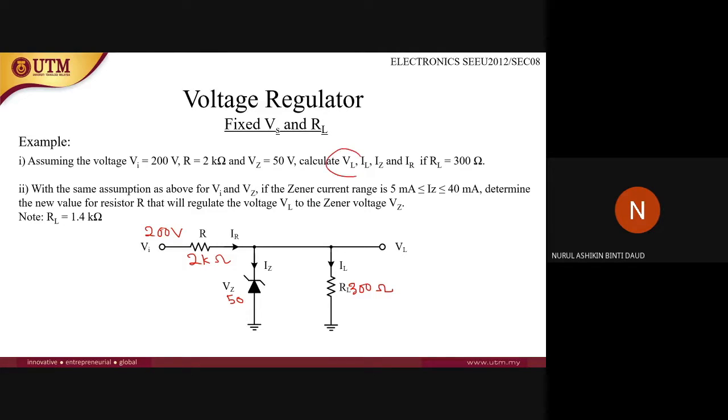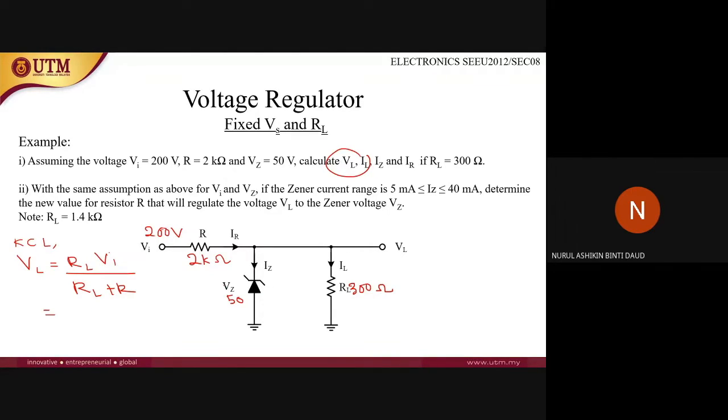So first of all, what do you need to calculate? You need to calculate VL, right? So VL from Kirchhoff's law is equal to RL times VI over RL plus R, since we assume that this diode has been removed from this circuit.